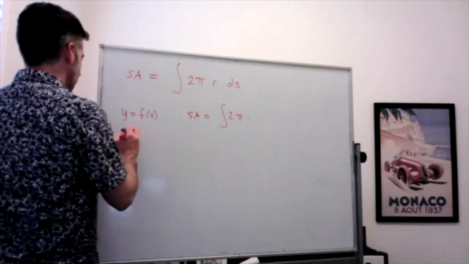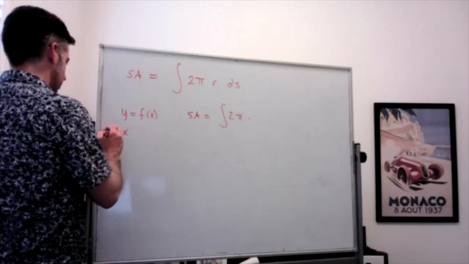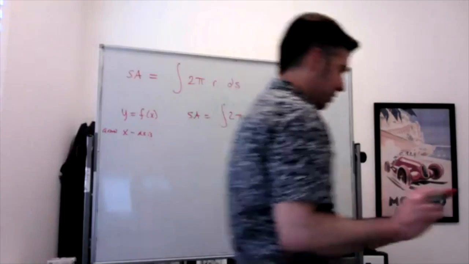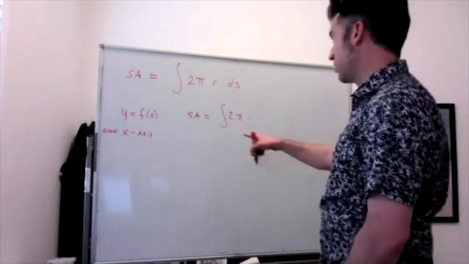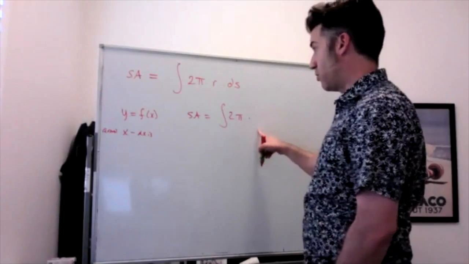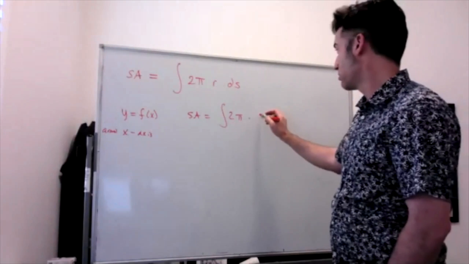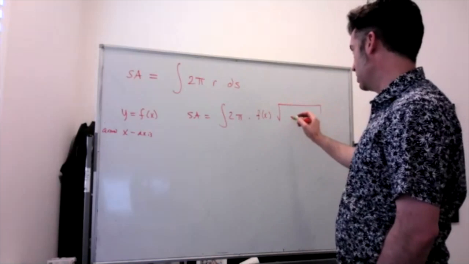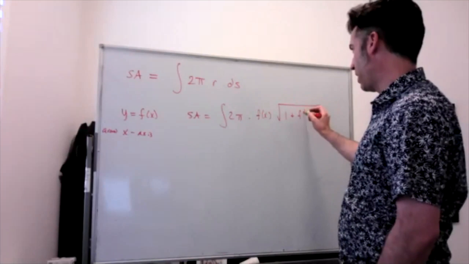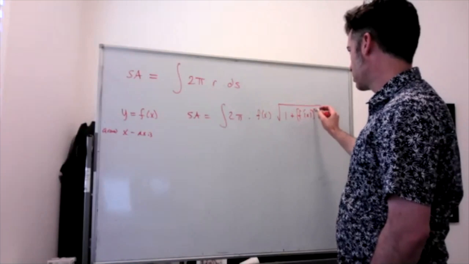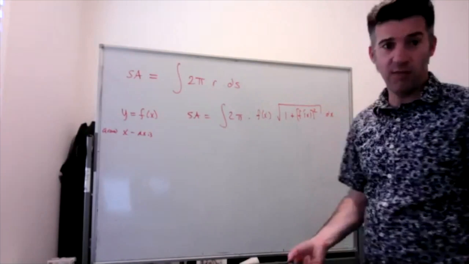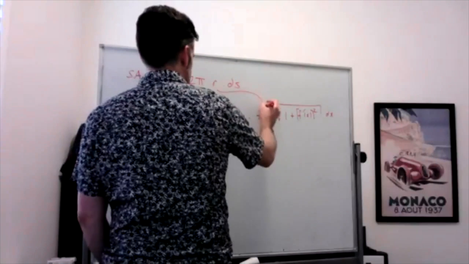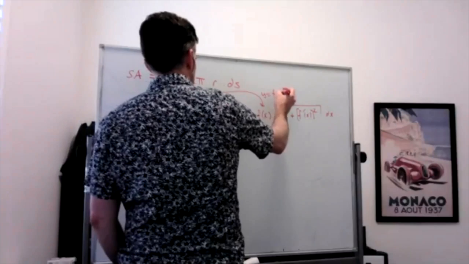If you have y as a function of x and you're going around the x-axis, you would do it as the integral of 2 pi times the radius, which is y, which is f of x, times your ds, which is the square root of 1 plus f prime of x squared. That would be one way of doing it. So there's your radius, which is y equal to f of x.